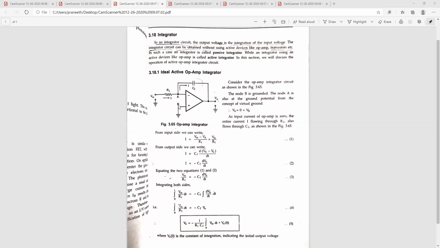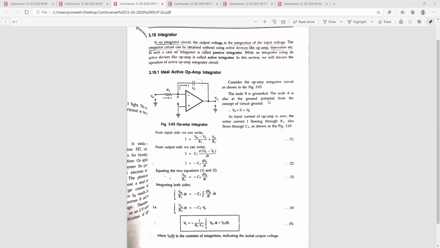According to the virtual ground concept, if the voltage at node B is 0, we can consider that the voltage at node A is also 0. That's why VA equals VB equals 0.